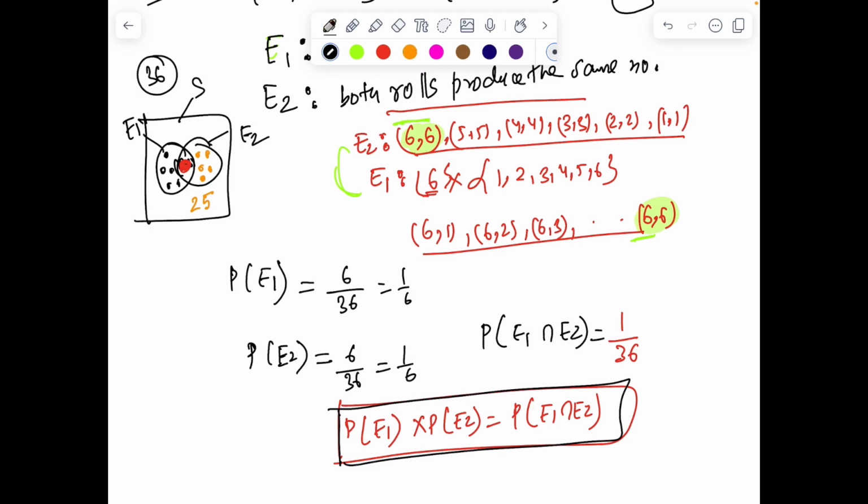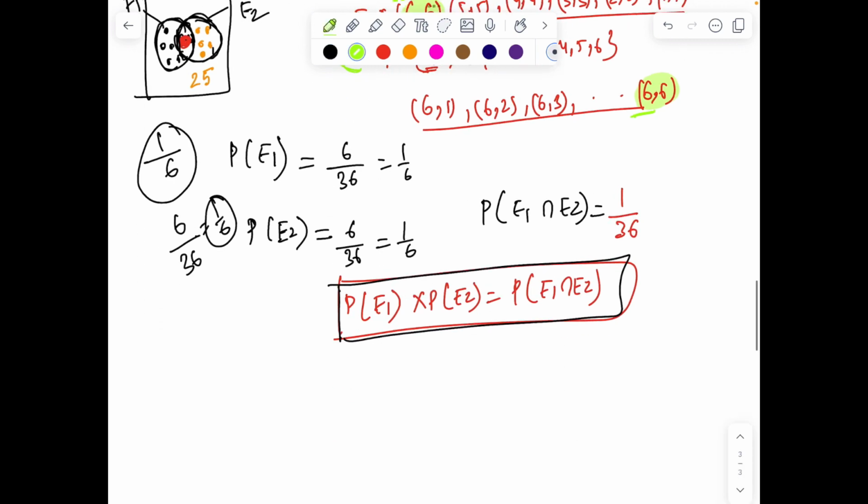Now if you see how much part of E2 has happened in E1, it's just 1 out of 6. How much part of E2 has happened in the entire sample space? What is the contribution of E2 in the sample space? We have again 6 divided by the total sample space 36, and you see that it exactly matches. It means the distribution is uniform here. In what sense am I telling uniform distribution?